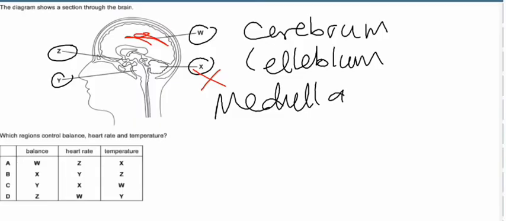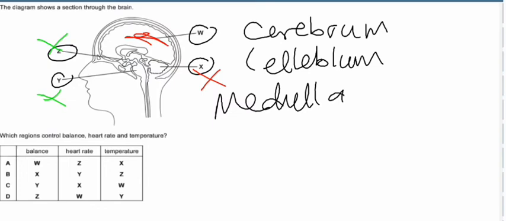Then as for Y, this one here controls the heart rate and breathing rate. Then as for Z, it controls osmoregulation and also temperature in short. So Z controls temperature.